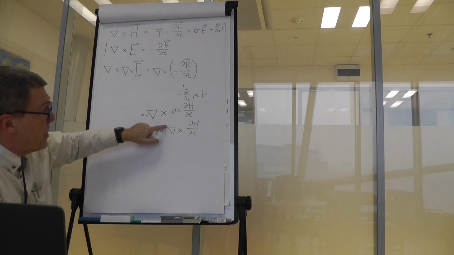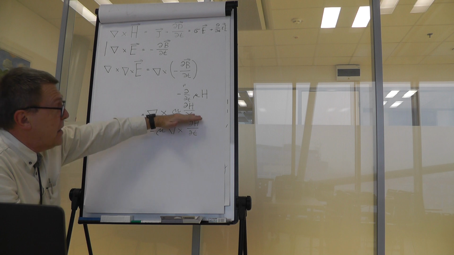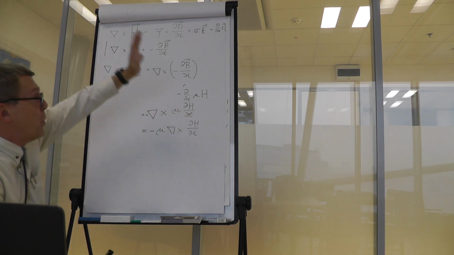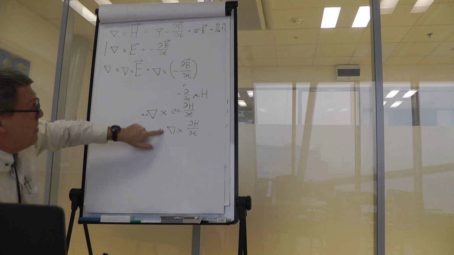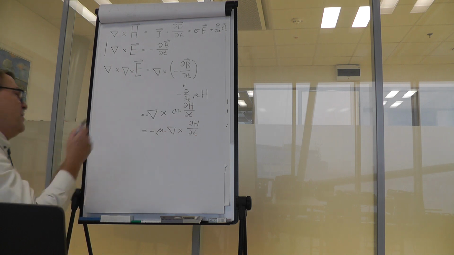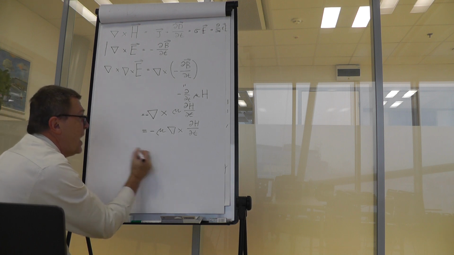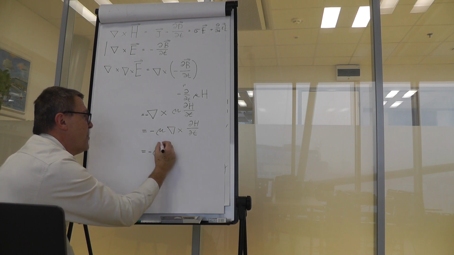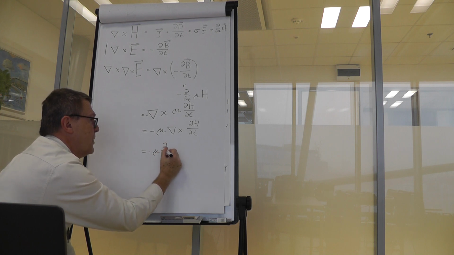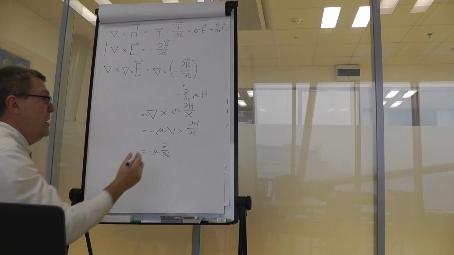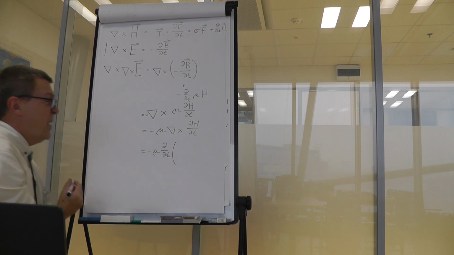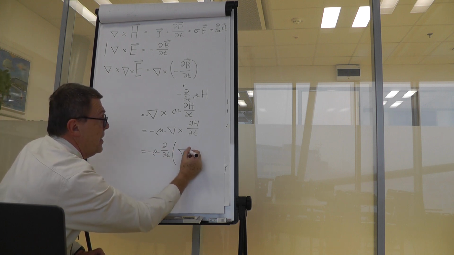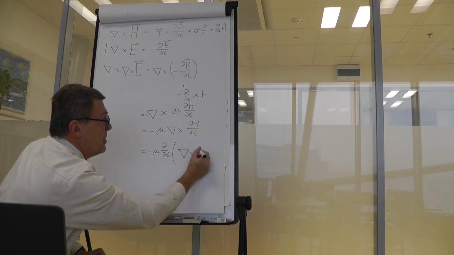This is a differential operator, but we can, in that case, change the order of differentiation so that we can get the time derivative before the nabla operator. So we now can write it this way: minus mu the time derivative of nabla vector product with h.